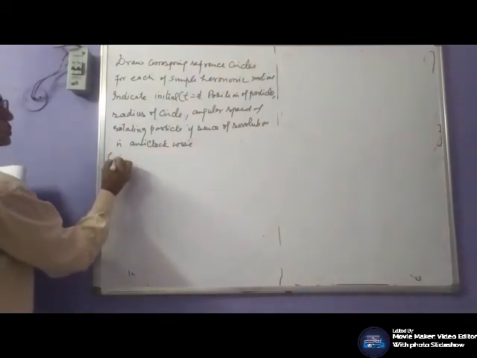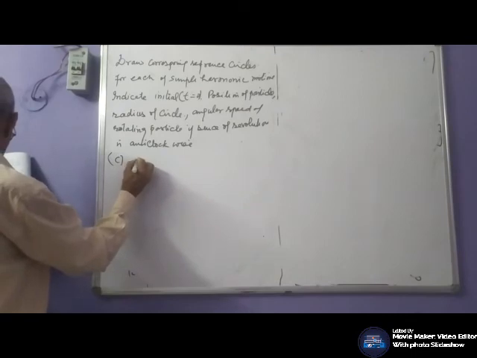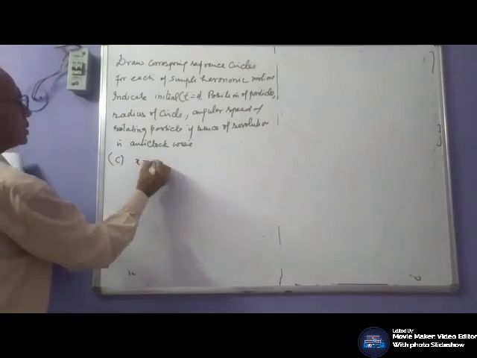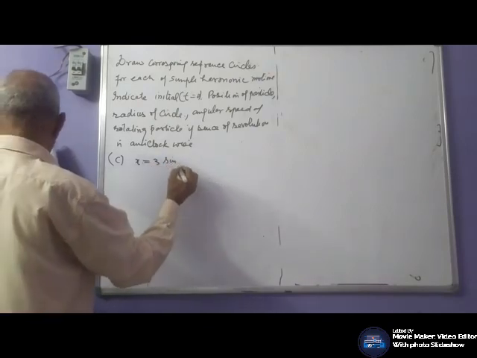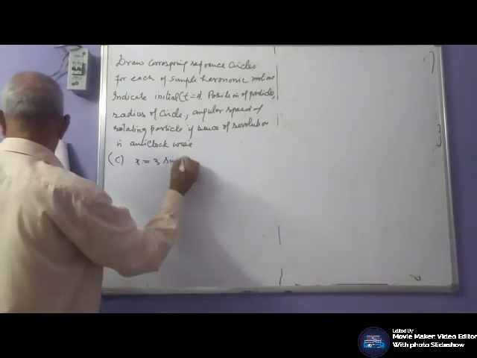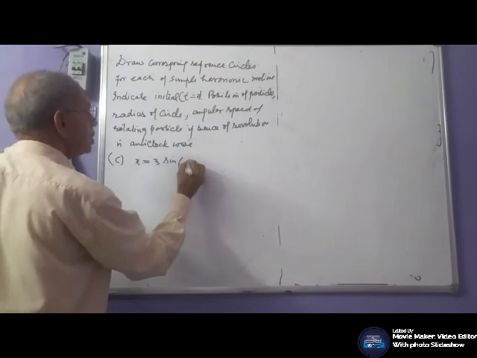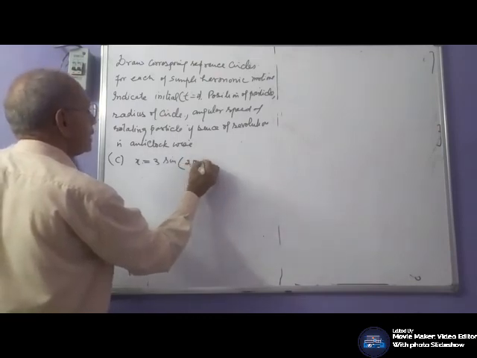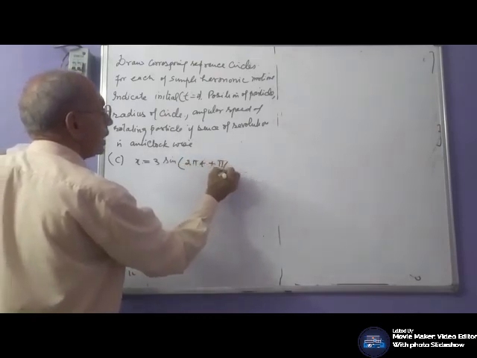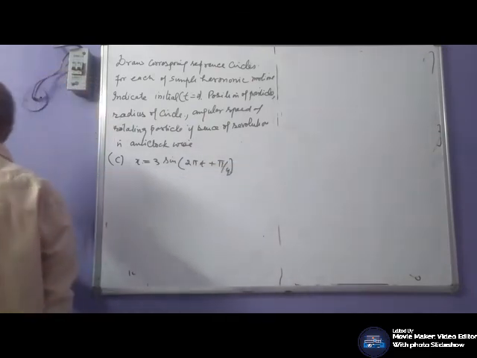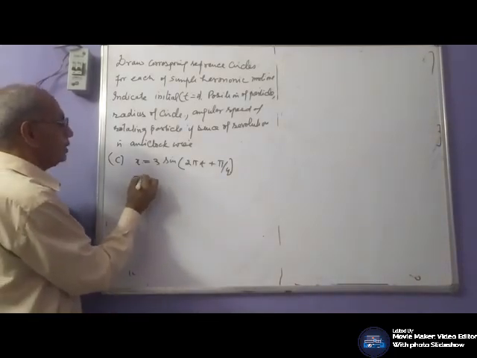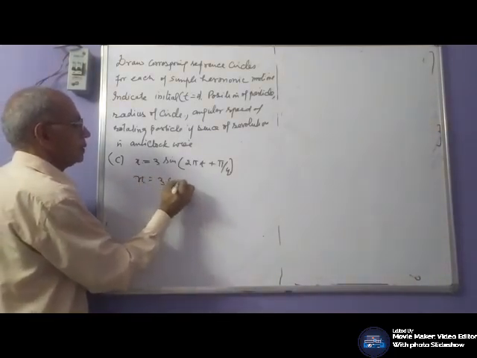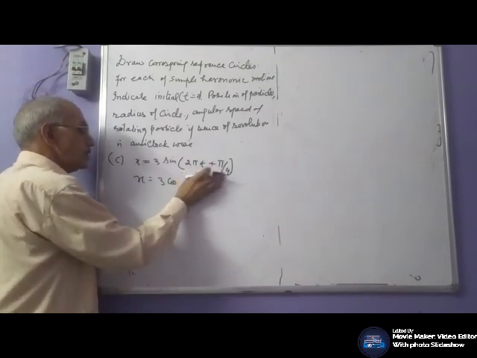C. x equals 3 sine two pi t plus pi by 4. cos में बदलेंगे पहले. cos 90 plus theta.